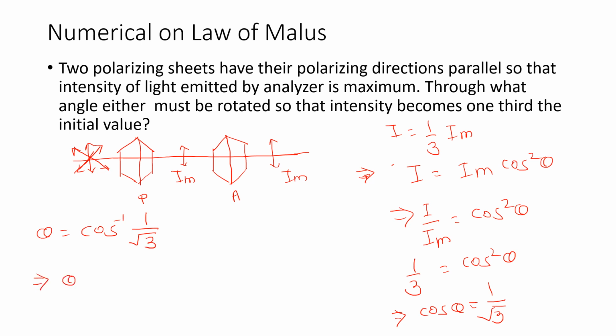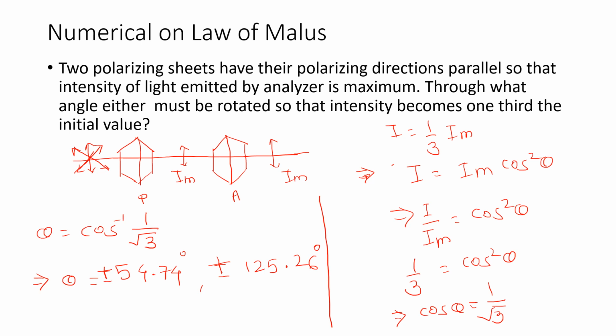It gives theta is equal to 54.74 degree, of course plus minus, or plus minus 125.26 degree. So you can rotate this analyzer through these angles so that the intensity will be reduced to 1/3 of its initial value.